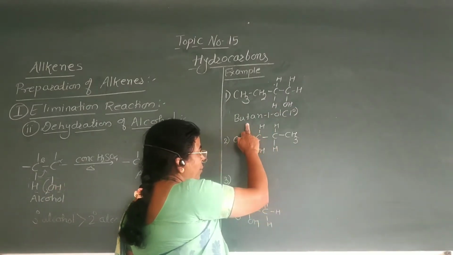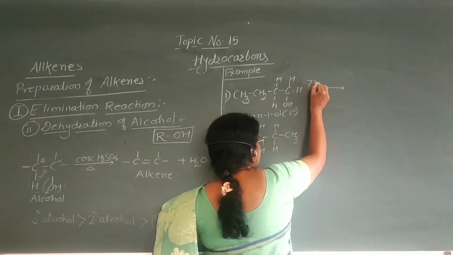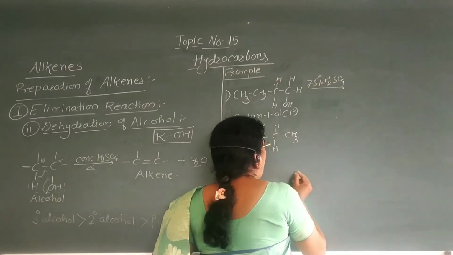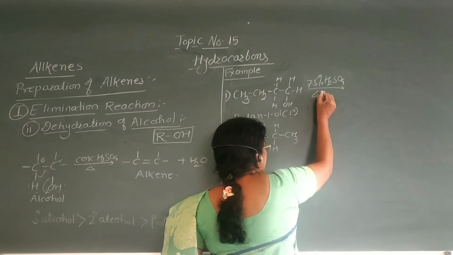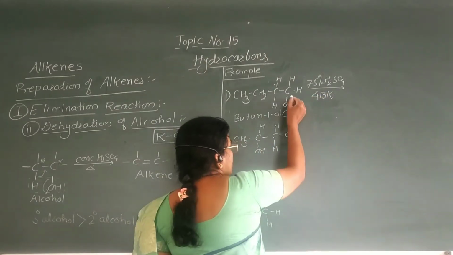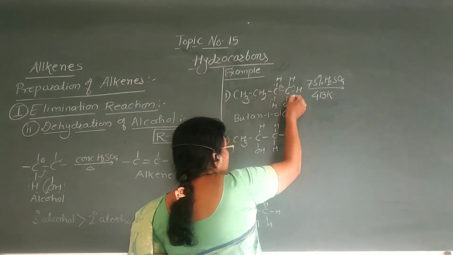When this primary alcohol is heated with 75% H2SO4 at 413 Kelvin temperature, then this H2O is removed, that is, alpha beta elimination is carried out.